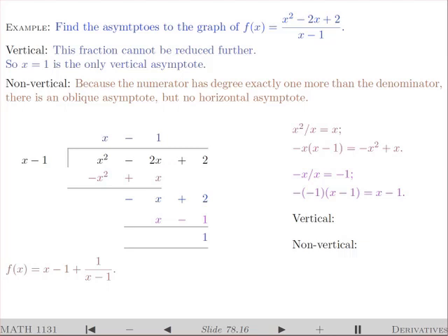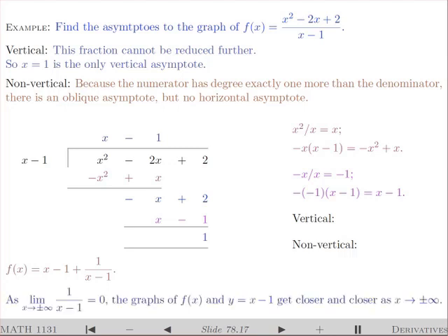So in the fraction part of the answer, I get a proper fraction, so to speak, one in which the numerator has smaller degree than the denominator. So that will have limit 0, both at infinity and negative infinity. So f of x minus the quotient has limit 0, both at infinity and negative infinity. In other words, the graphs of the given function and the graphs of the quotient approach each other on both ends.